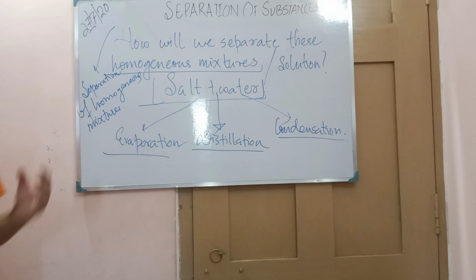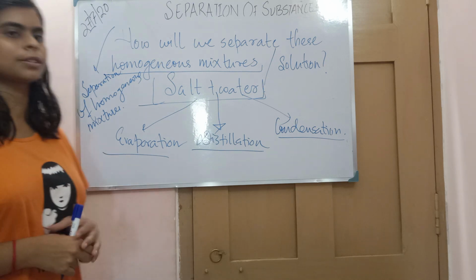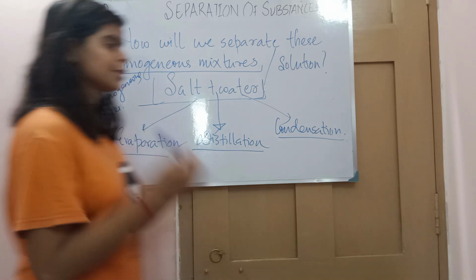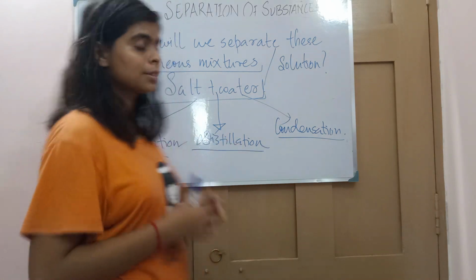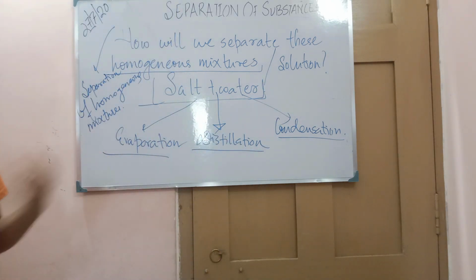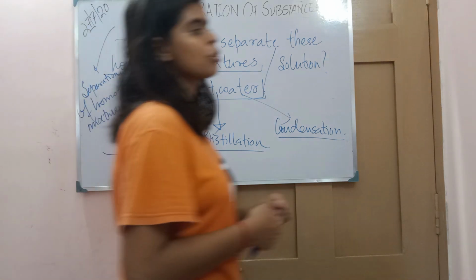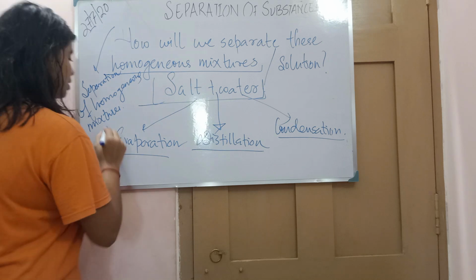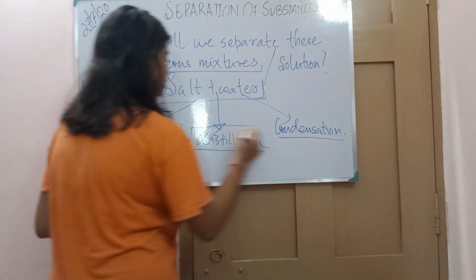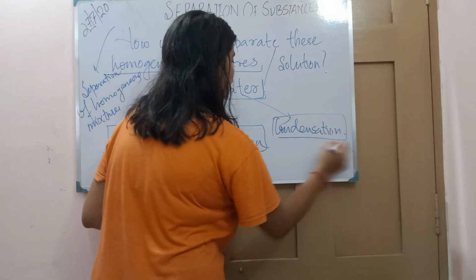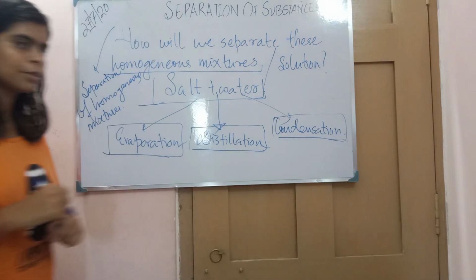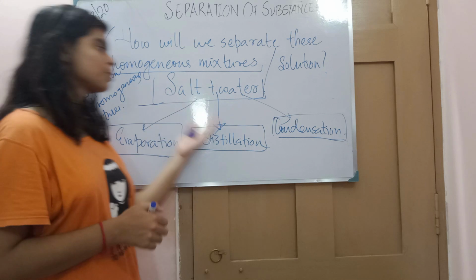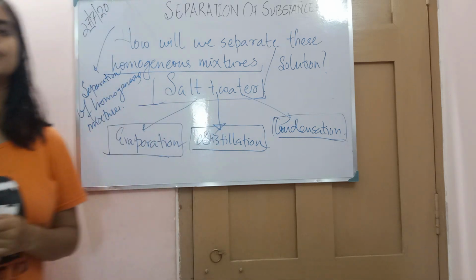These three are the different methods by which we can separate. We can do evaporation by boiling. Distillation needs a certain setup. And condensation also needs boiling. We will discuss these methods in the next class, and how they help us separate the components from a homogeneous mixture, whether it be salt plus water or sugar plus water.